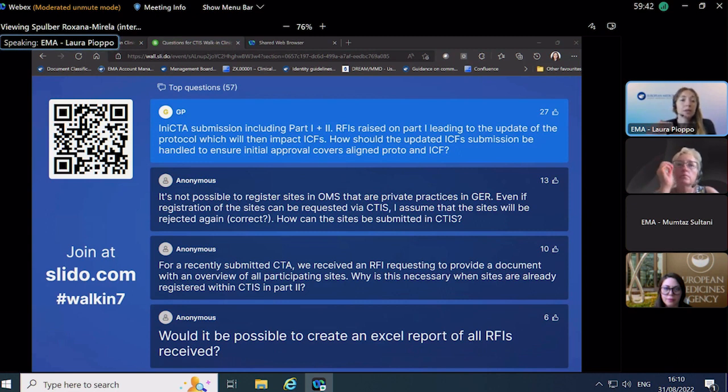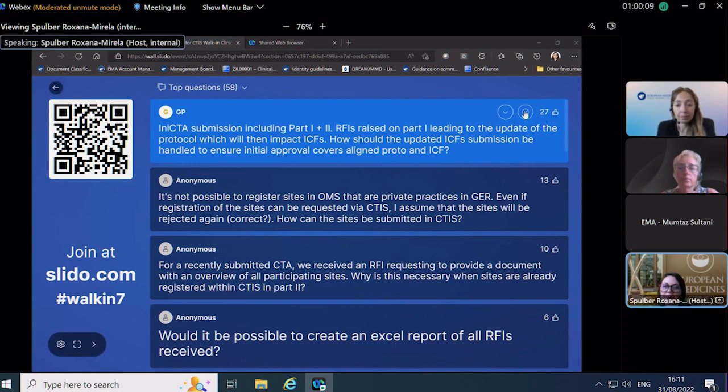So there needs to be synchronization and alignment on the RFIs being raised and addressed by the sponsors, because when the member states conclude on part 2, they cannot raise an RFI to update the documents in part 2. That's why, in most cases with a full initial application, the two assessments go in parallel.